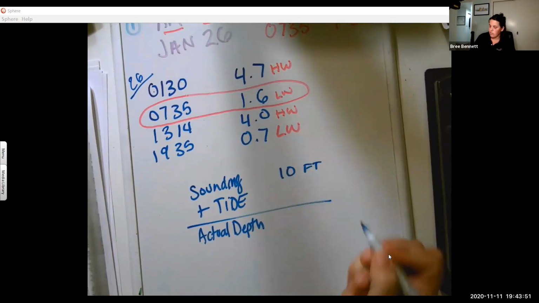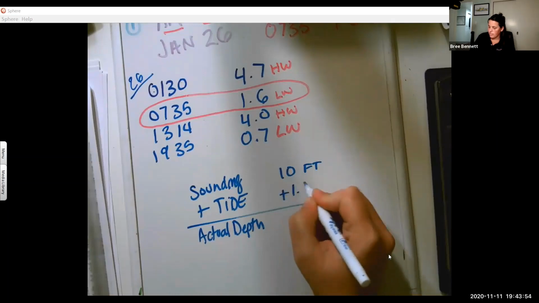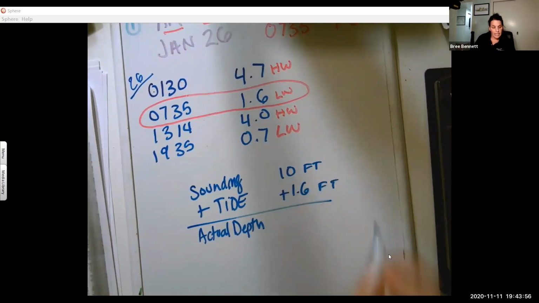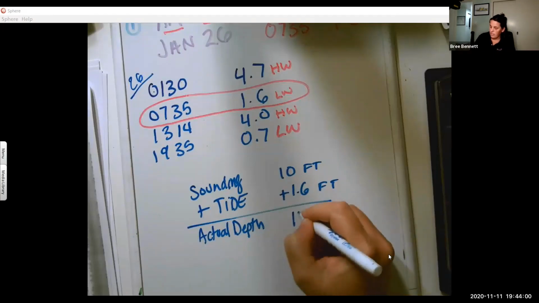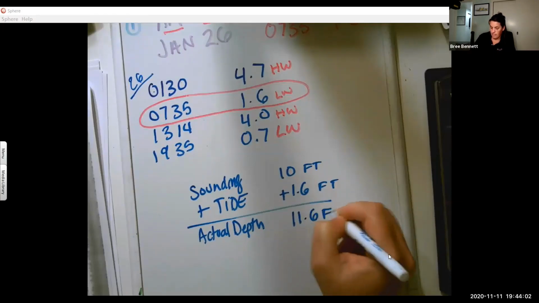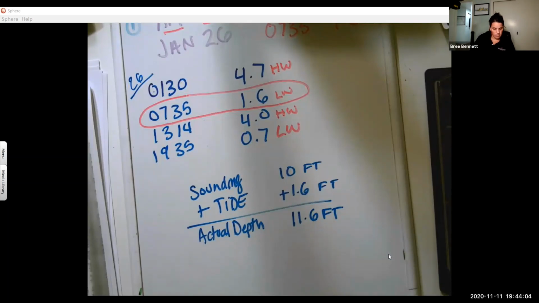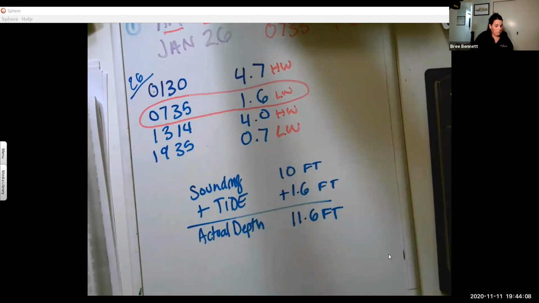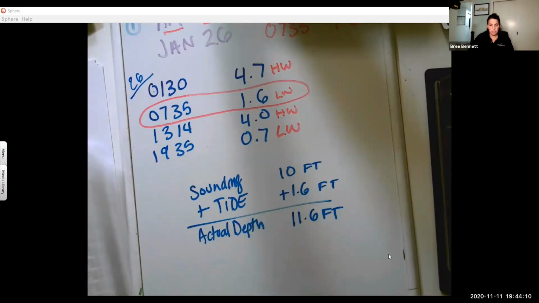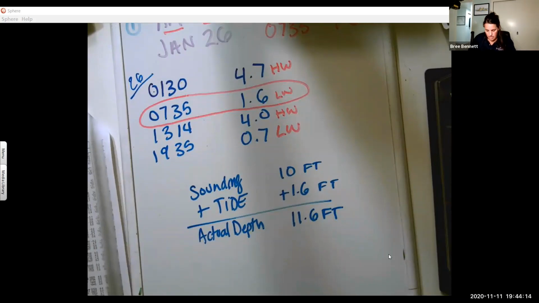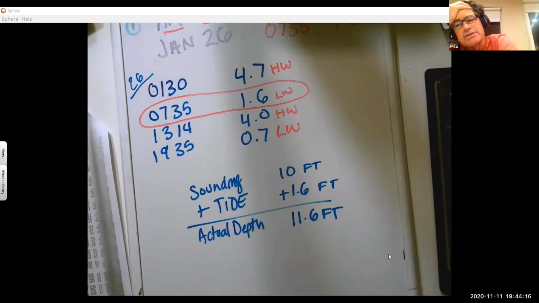Our tide was a positive 1.6 feet. So our actual depth of water is going to be 11.6 feet. That makes sense? So sounding and charted depth are synonymous. Correct.